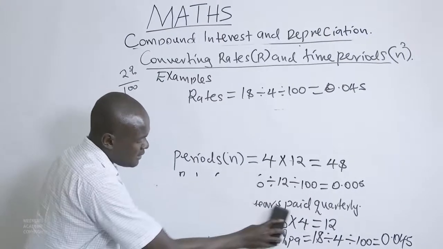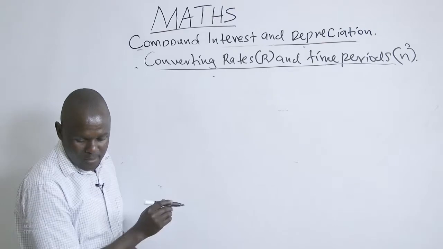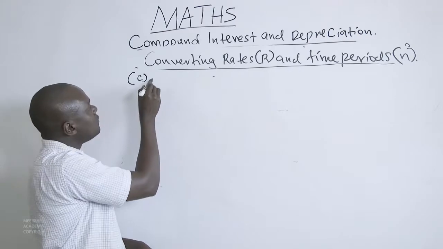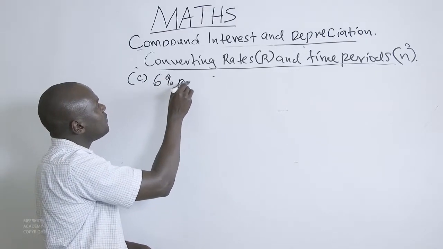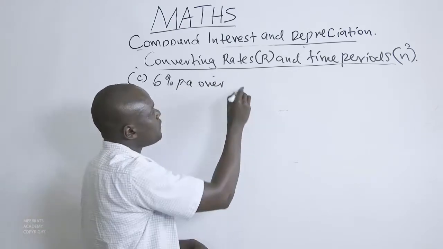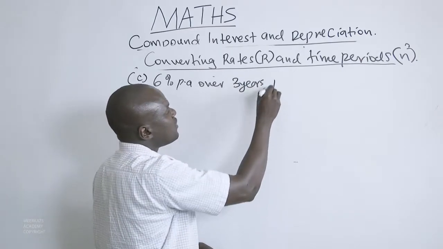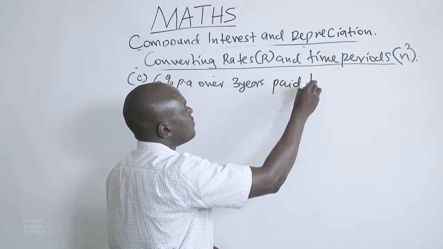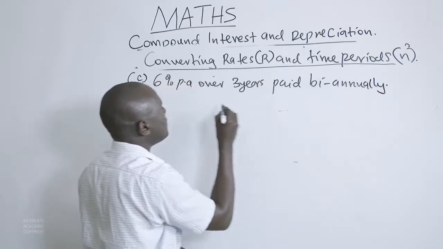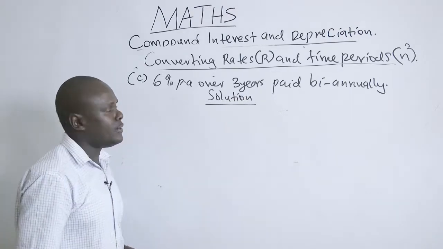Can we look at one last example? We have 6% per year over 3 years, paid biannually.